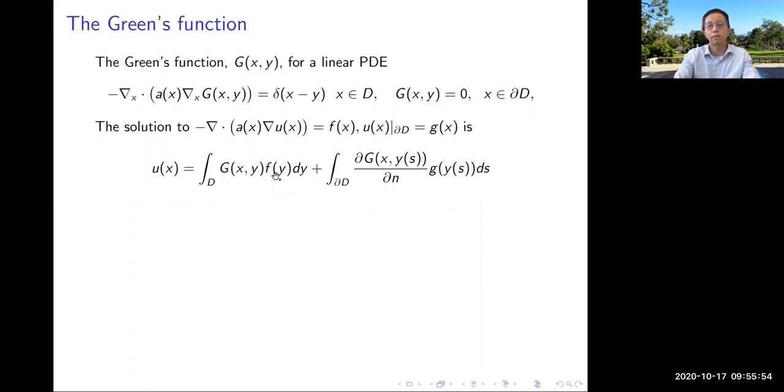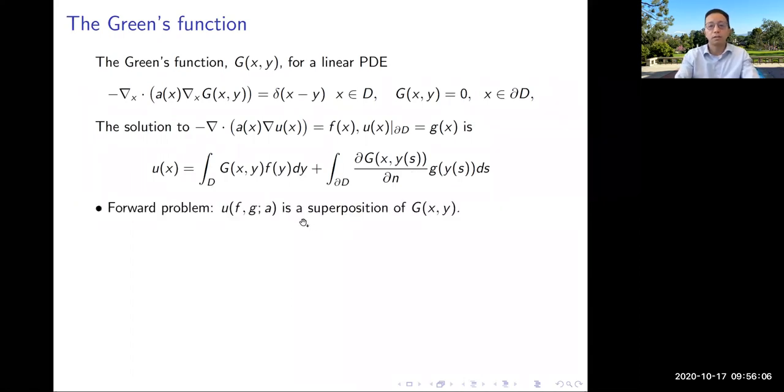You can think of strands of sources at location Y, and you superpose all these sources together to get U. Here it is a little more complicated, but it's related to G. So when you vary the right-hand side F, the whole set of solutions is a superposition of the Green's function. So if I want to see how rich the solution set is, I can see how rich this set of functions is.